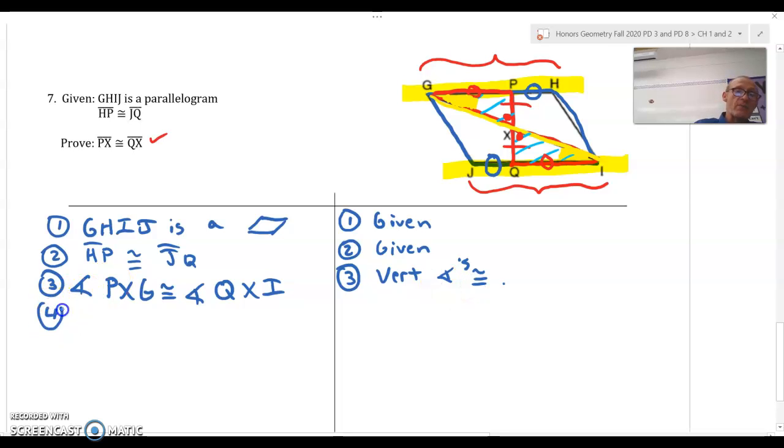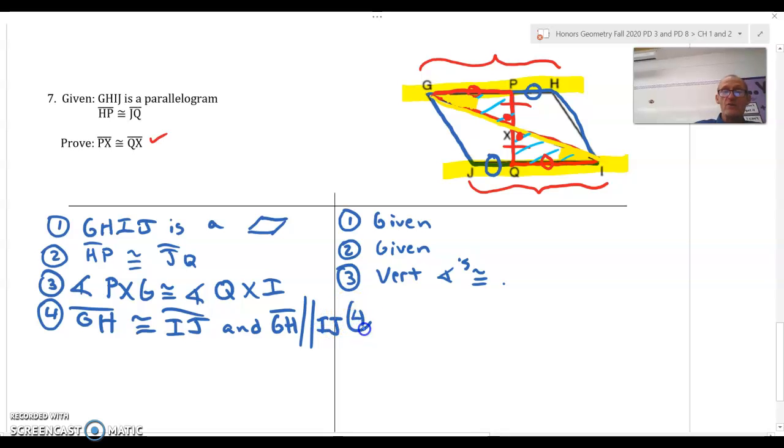Now the fourth step, we have to say that the two segments GH and JI are congruent and parallel. So I'm going to do both. Watch. So GH congruent to IJ and GH parallel to IJ.